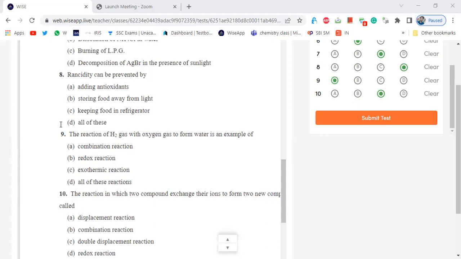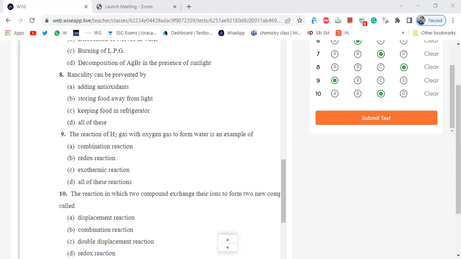Okay. I'll check this and I'll tell you. The option should be D because my teacher told that the formation of water is also an exothermic reaction. Yeah, formation of water is an exothermic reaction because we have already seen one activity in the textbook. Decomposition of H2O is an endothermic process. That means the reverse of that reaction is exothermic only.